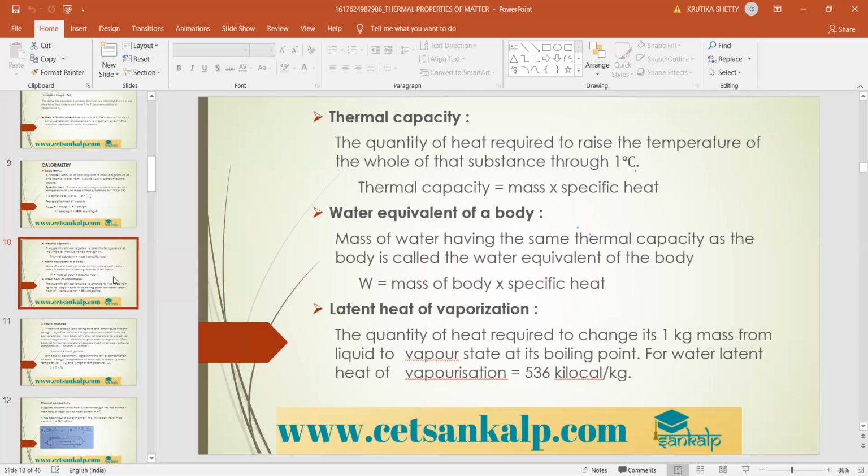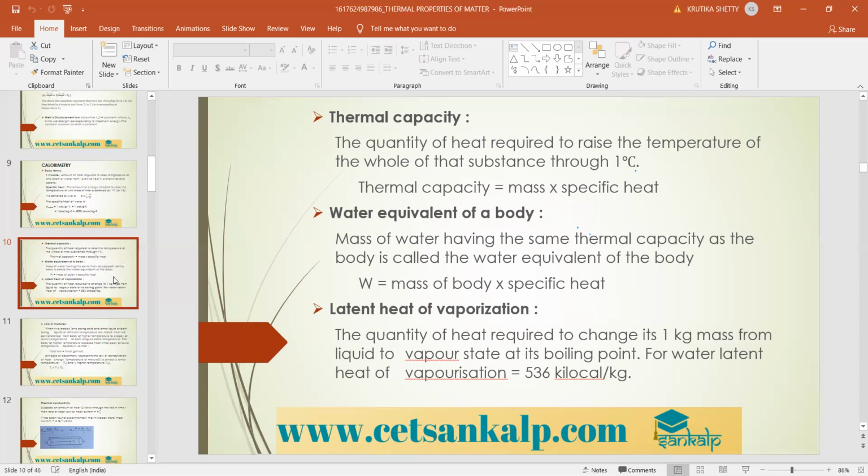So the question comes, where did the heat go, whatever we have supplied? That heat is utilized to change the state from solid to liquid. Until all the solid gets converted into liquid, there is no increase in temperature on the thermometer.